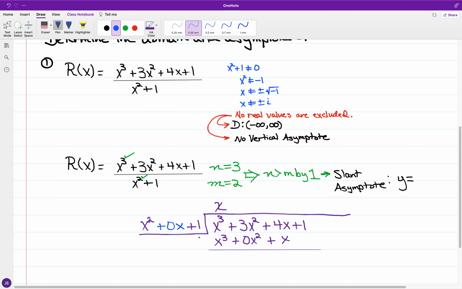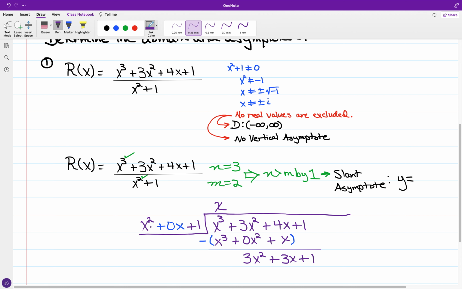Looking at applying subtraction, x cubed will go out. Now we have 3x squared minus 0, so 3x squared is going to be brought down, and we have 4x minus x, which is 3x, and then we bring down 1.